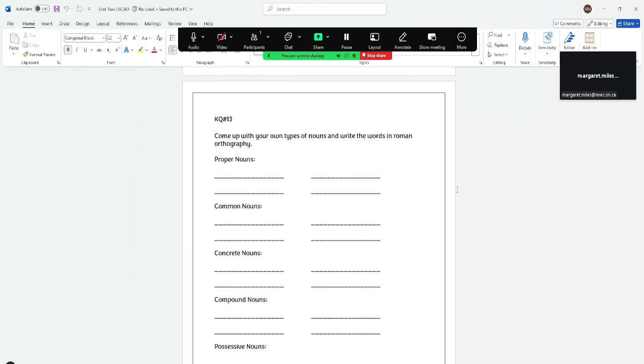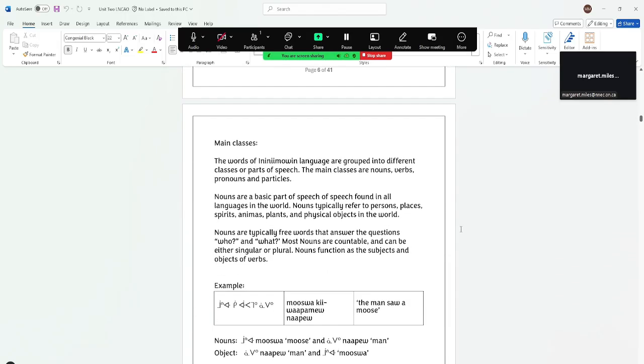The main classes. The words of Ininiimowin language are grouped into different classes or parts of speech. The main classes are nouns, verbs, pronouns, and particles. Nouns are a basic part of speech found in all languages in the world.